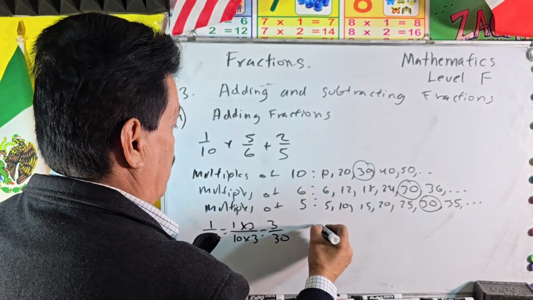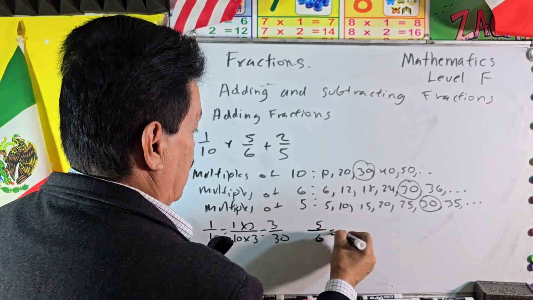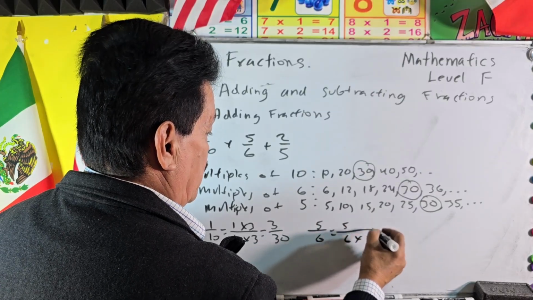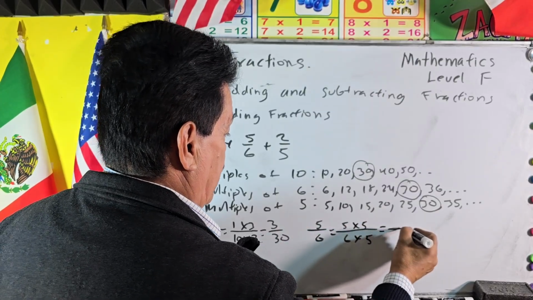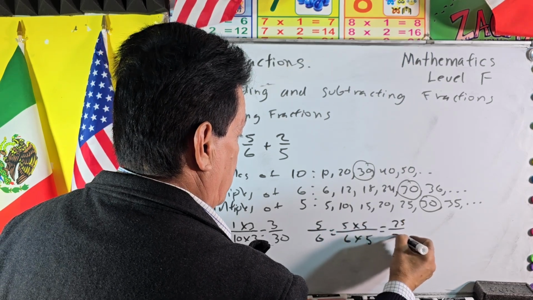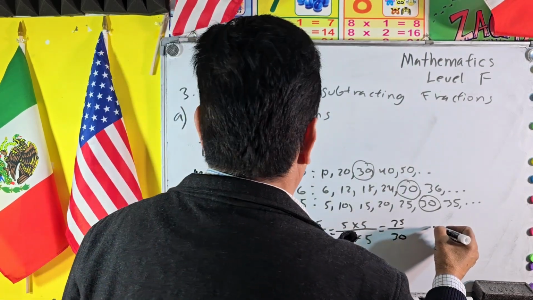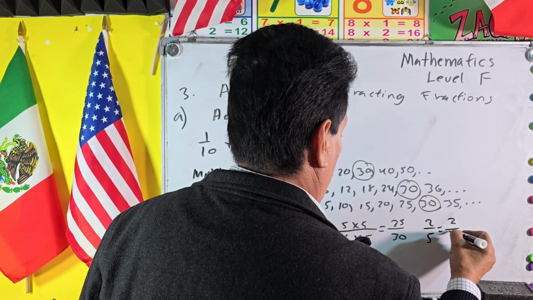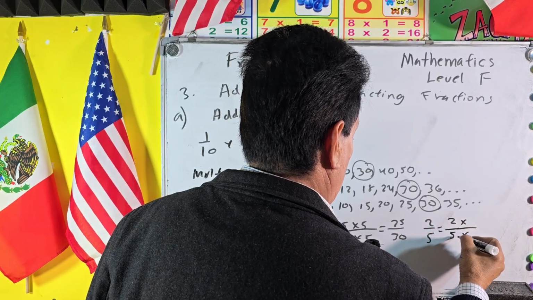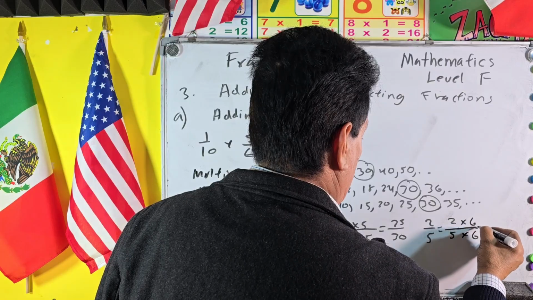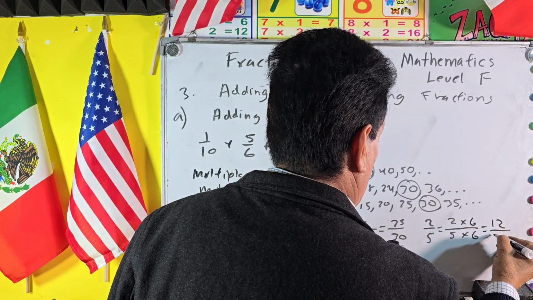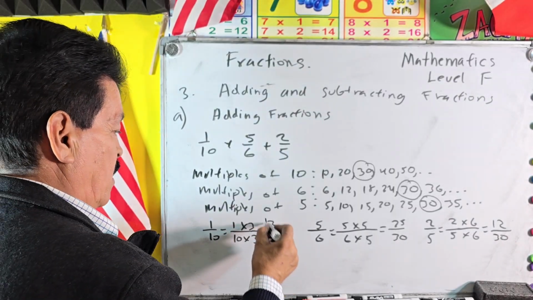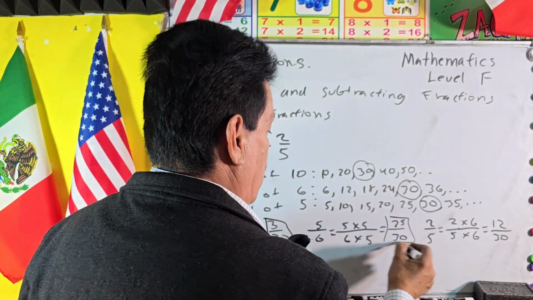And then 2/5 equals 2/5 times 6, 12/30. You have all the fractions right there.